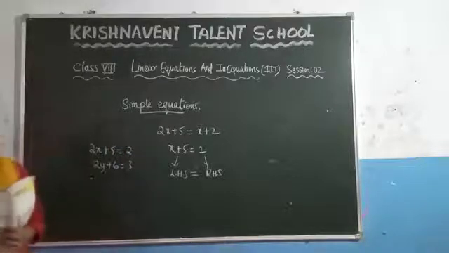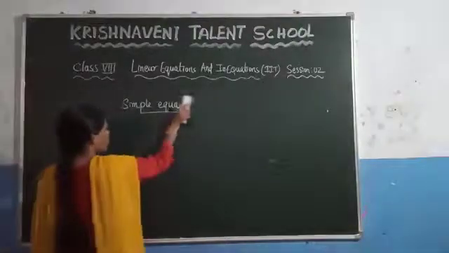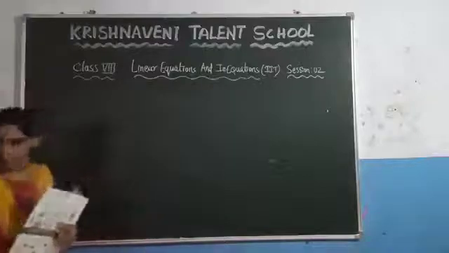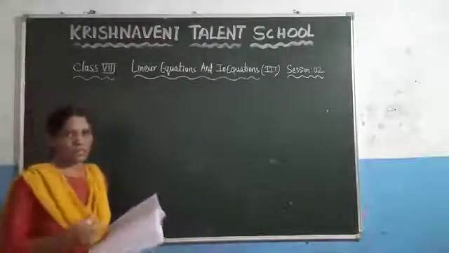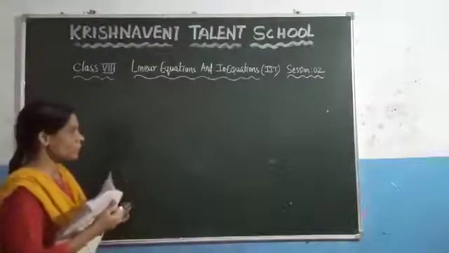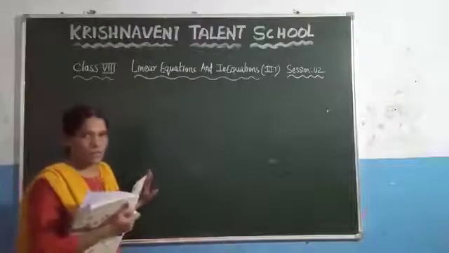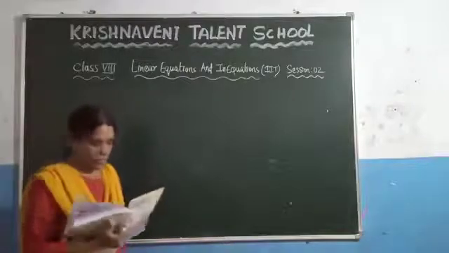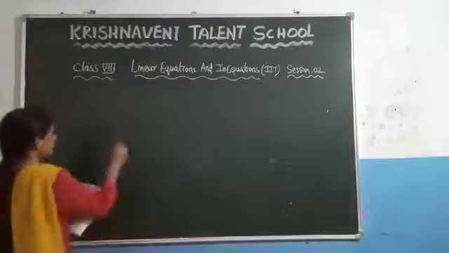One is the elimination method, substitution method, graphical method, and these methods we are going to discuss in the next session. In this session we are going to discuss the properties of equality. What is meant by a simple equation? If you are given any equation, you can find the value of the variable by using various methods. And now we are going to discuss the properties of equality.